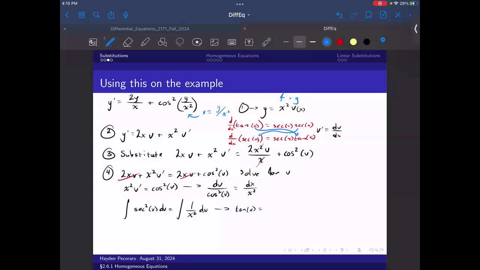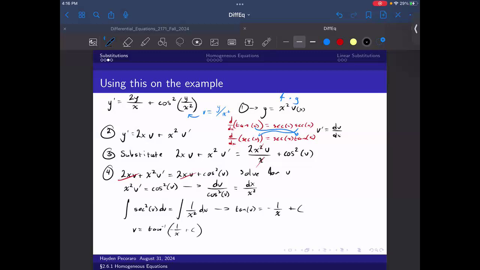Okay, so we have tangent of v equals, and then antiderivative 1 over x squared, remind me? Negative 1 over x, yeah. And then plus our constant of integration. Okay, well, that's tangent v, so maybe we should solve for v. Let's see, v equals arctangent of negative 1 over x plus c.